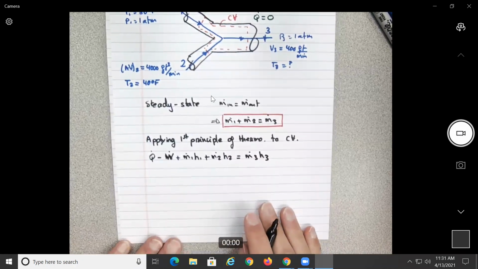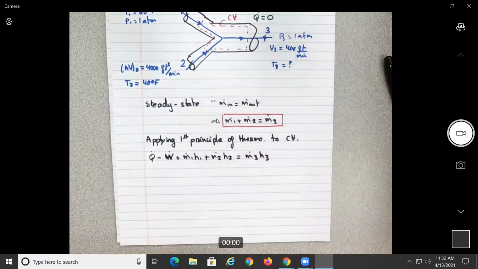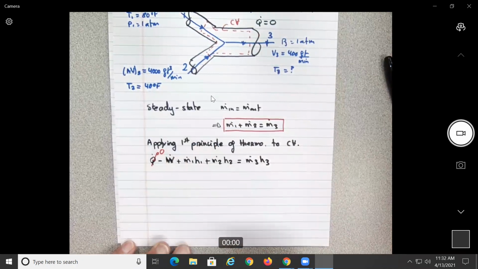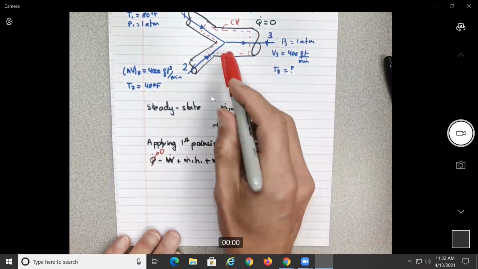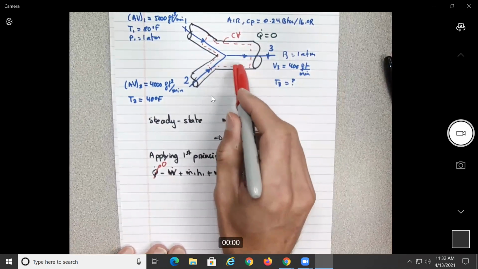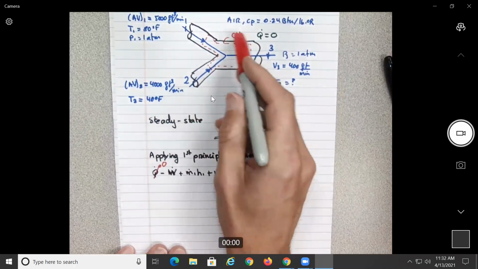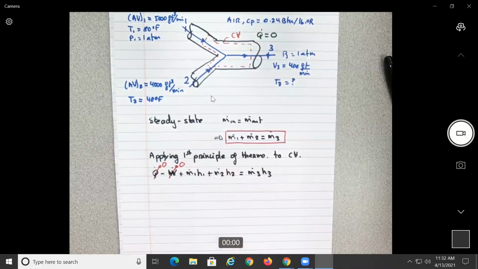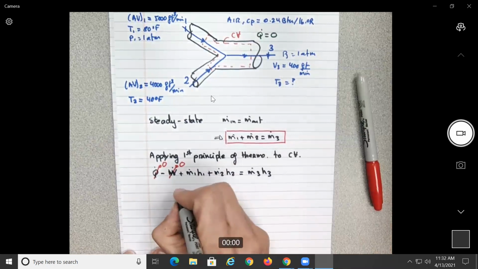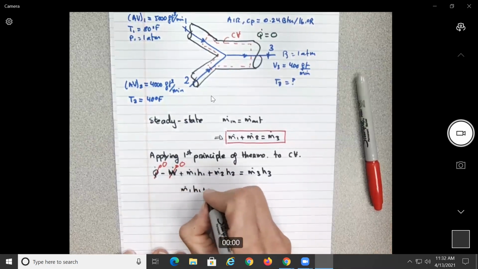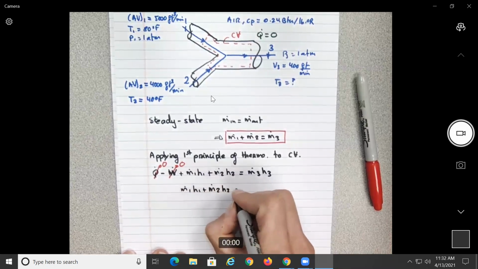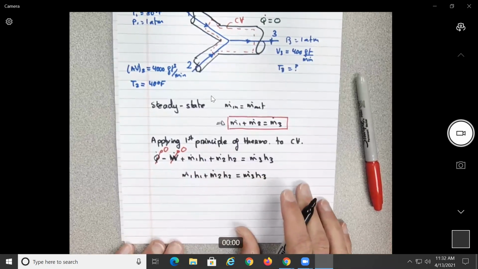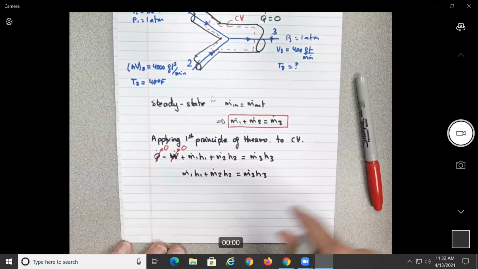Okay, so in this problem, they tell us that it is insulated, so it means that Q is 0. Is there any work done or produced by this control volume? No, so this is 0 again. So basically what we have here is m dot 1 h1 plus m dot 2 h2 will be equal to m dot 3 h3. Okay?